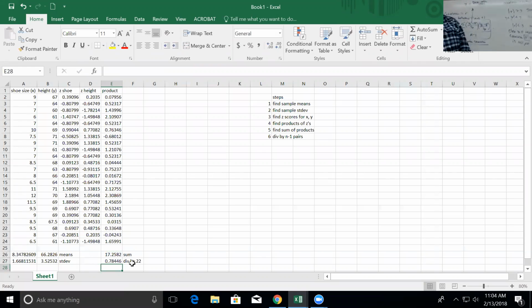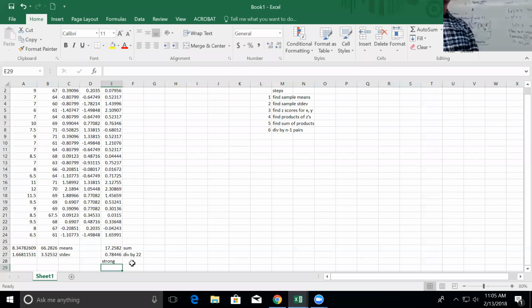Okay, now according to our board here, would this be strong, moderate, or weak, or no correlation? Strong correlation, except for what did I do that I told you guys I should not skip? And I already skipped it. I was so focused on the calculations I forgot the scatterplot.